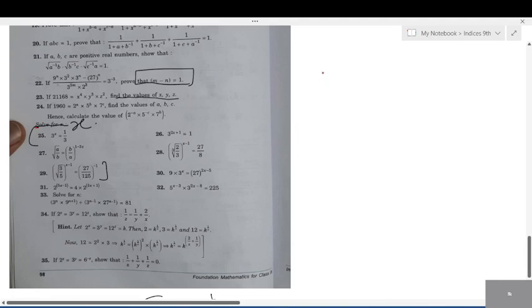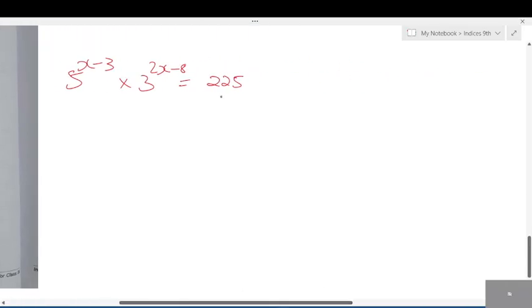Yeah, 32nd question. What is the 32nd? 5 to the power of x minus 3 into 3 to the power 2x minus 8 is equal to what, students? Is equal to 225. Correct, 225. See, where did we solve such a question? This 32, didn't we solve in 23 and 24? Wasn't it similar? Okay, first factorize whatever numbers you get.